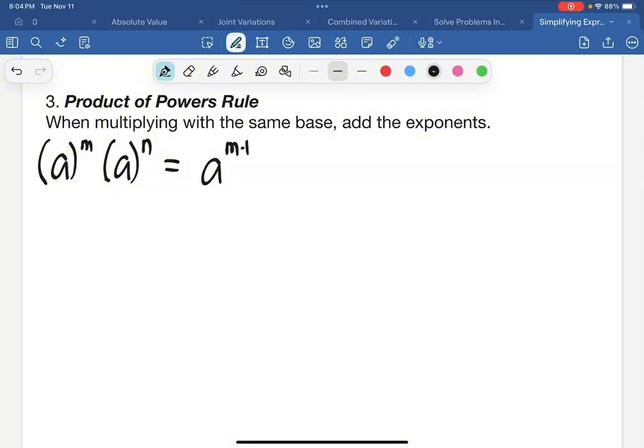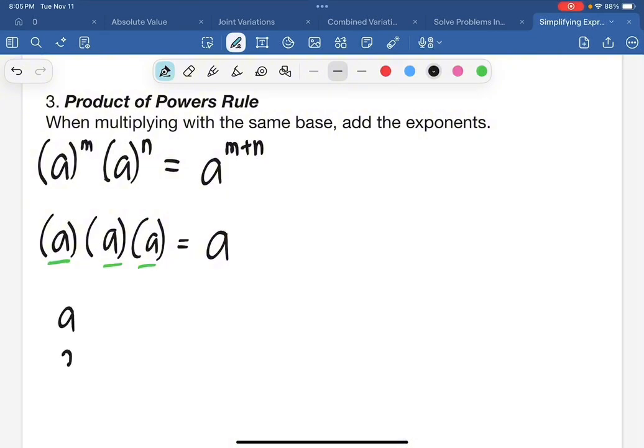So m plus n. Now, for example, with the one earlier, remember a cubed. If you have a times a times a, we have the same base, a, so we just copy a. And don't forget that all numbers, for example a, or even 3, have an invisible exponent, which is 1.